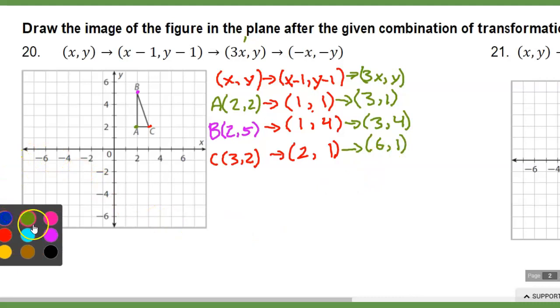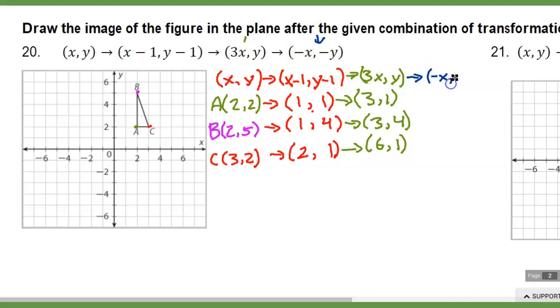And then lastly, we're going to take the opposite of x and y. Opposite of x, opposite of y. So we'll have negative 3, negative 1, negative 3, negative 4, and negative 6, negative 1.